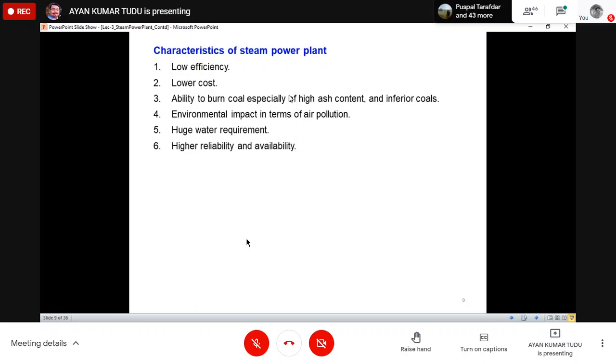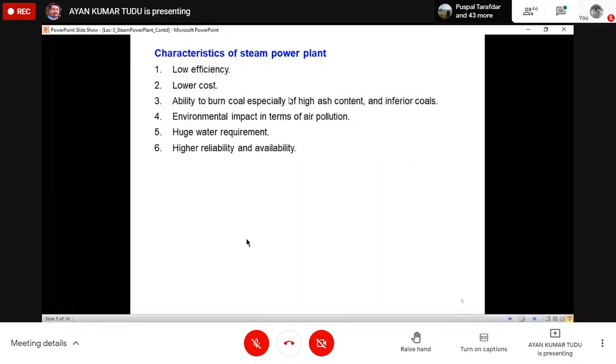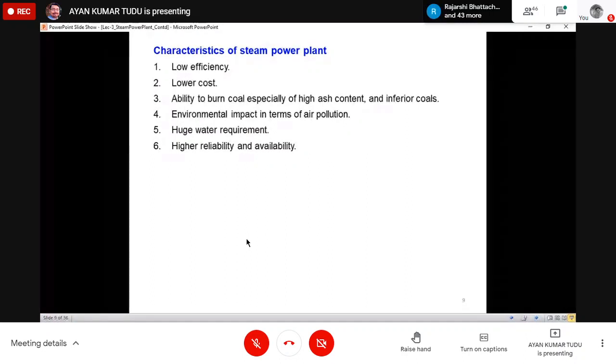Whatever be the case, it should not be such that the power plant breaks down, or we are not receiving power when it is needed the most. Though there is a catch here also, because as the class progresses, later on we'll be discussing that starting and stopping a steam power plant requires huge time.